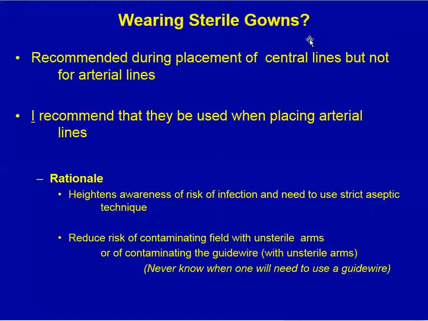Although most people don't recommend using sterile gowns for art lines, even though it's standard of care for central lines, I still recommend it because, number one, it heightens the awareness of the risk of an infection and the importance of strict aseptic technique, and it minimizes the risk of contaminating the field with the unsterile arm or contaminating the guide wire with the unsterile arm.